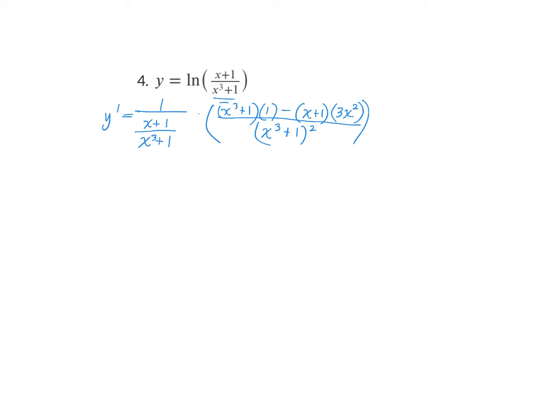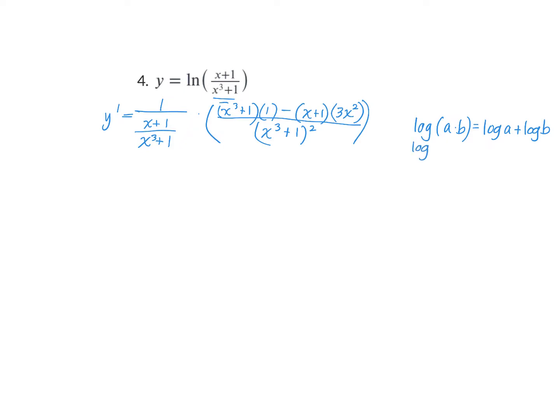And those laws are that if you have the log of a quantity a times b, you can simplify that to be the log of a plus the log of b. All right, so you can rewrite the problem. If you see the log of a times b, you can rewrite it as the log of a plus the log of b.